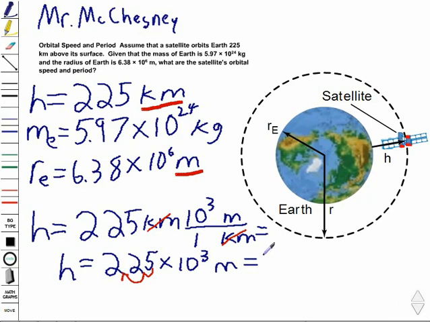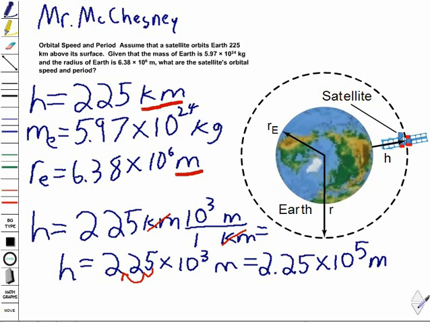When I do that, I get 2.25 times 10. Since I moved it 2 spots to the left, my exponent becomes larger by 2, so I get 10 to the 5th. And I still have the same unit, meters. So that's the height above the Earth.